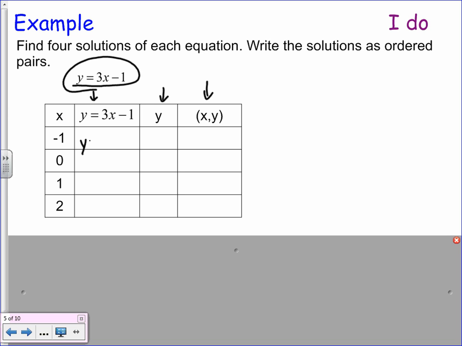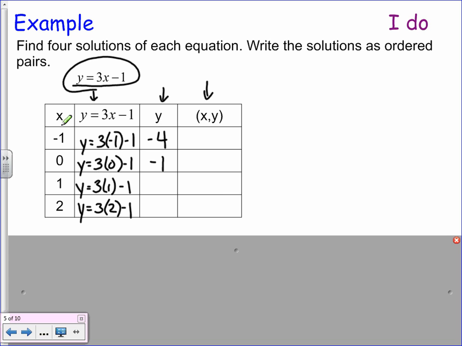So we're going to come in here, y equals 3 times -1 minus 1. Y equals 3 times 0 minus 1. y equals 3 times 1 minus 1, and y equals 3 times 2 minus 1. Okay, 3 times negative 1 is negative 3. Negative 3 minus 1 is negative 4. 3 times 0 is 0.